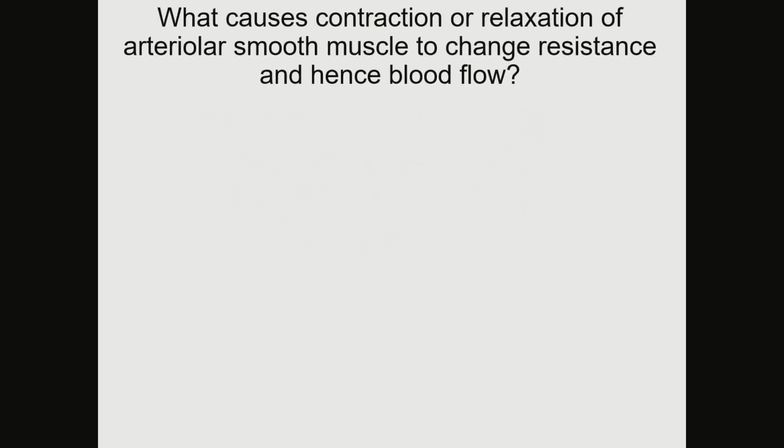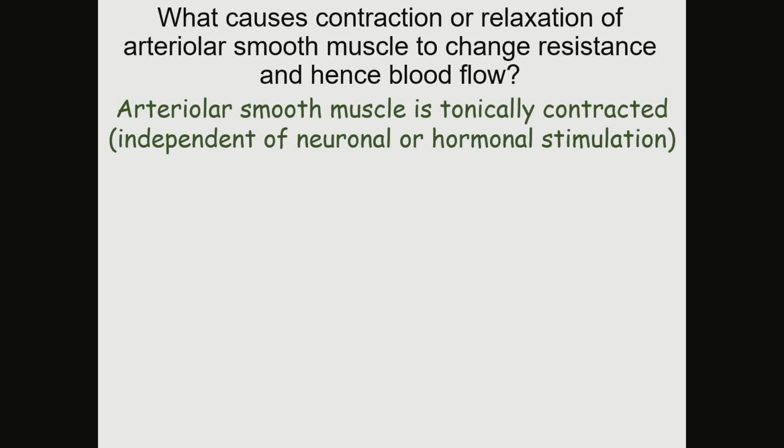But then we got to look at what causes contraction and relaxation of the smooth muscle in our arterioles. Well, there's obviously a lot of things. But the first thing is that those blood vessels are tonically contracted, which means they have a little bit of smooth muscle tone, they're contracted a little bit all the time.